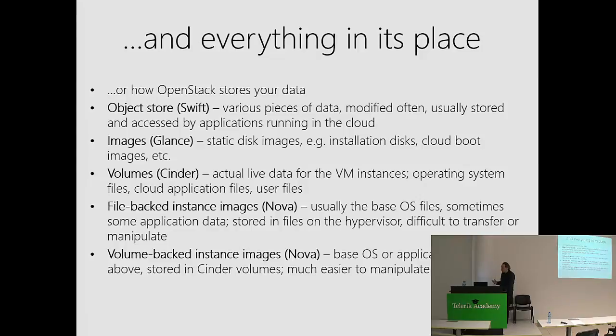But, well, maybe it is just my viewpoint, but in many cases it is convenient to use Cinder, to use the volume service for what it is meant to be used, to attach volumes of data to various instances and move them between instances.